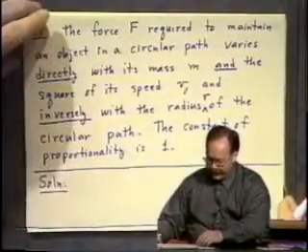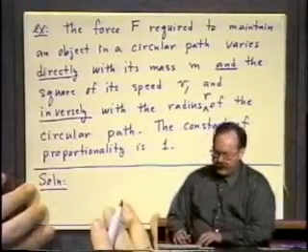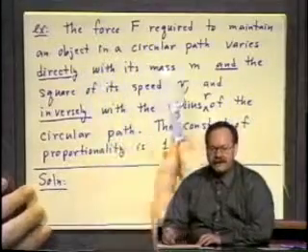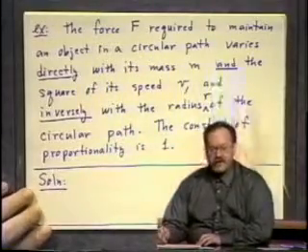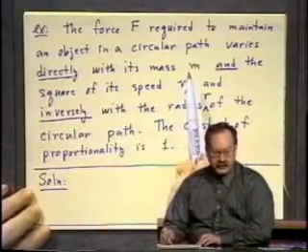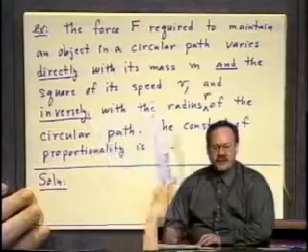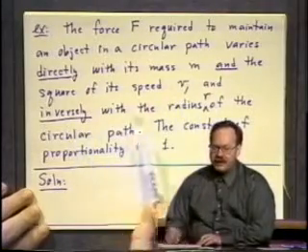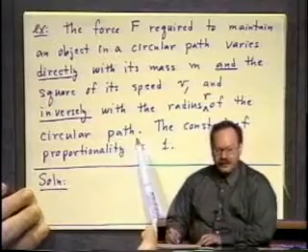Here's another one. These take a bit to write out, that's why I've written it out beforehand. Here we have the force F required to maintain an object in a circular path varies by experiment directly with its mass and the square of its speed v. And it varies inversely with the radius r of the circular path.